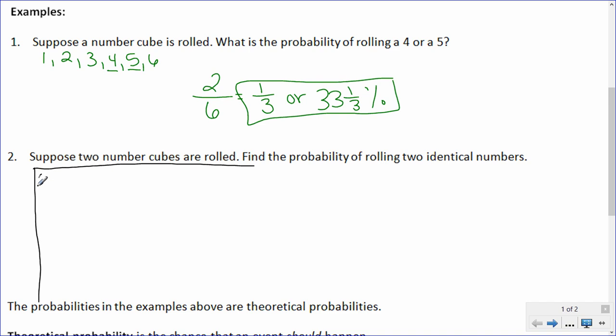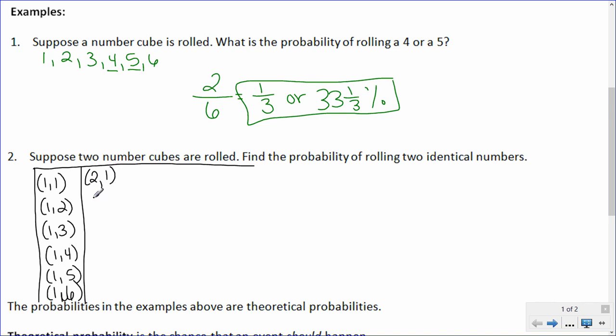So let's say first you roll a 1. Well, your options for the second die, or the second number cube, would be another 1, or a 2, or a 3, or a 4, or a 5, or a 6. Okay. Now, let's say the first number rolled is a 2.